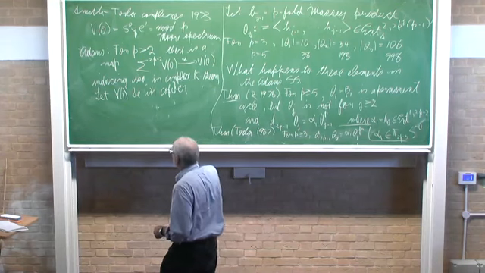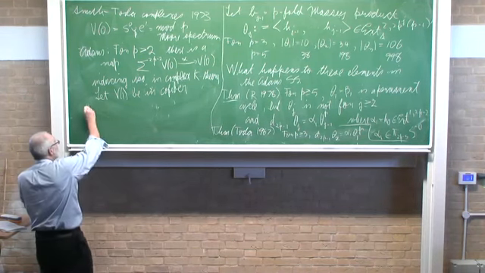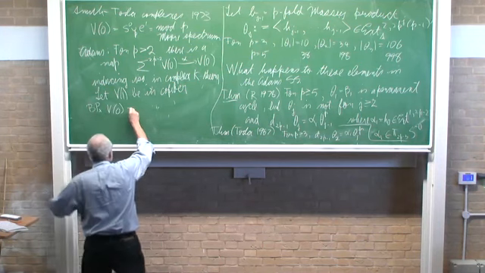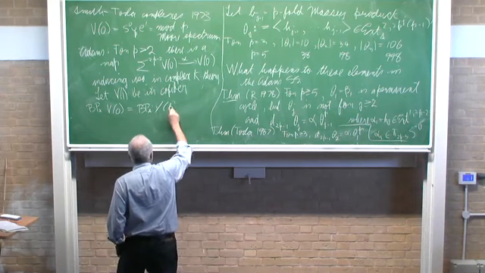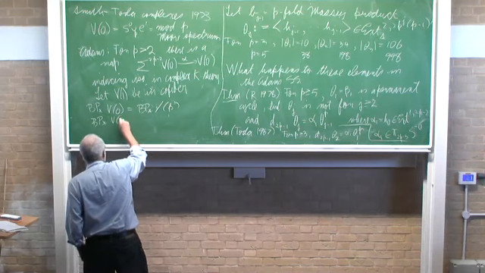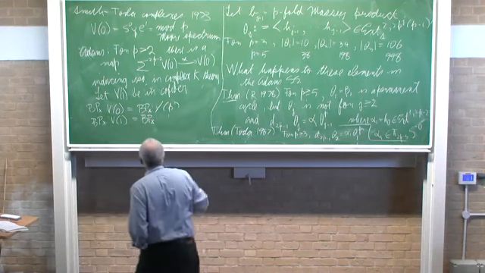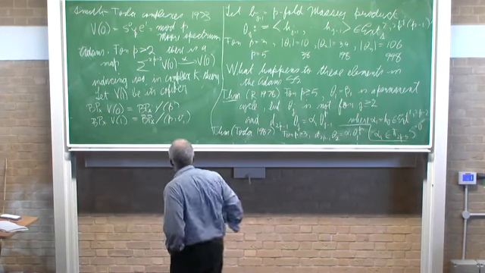Now, let me remind you what the BP homology of these things looks like. The BP homology of V0 is BP star mod p, and the BP homology of V1 is this.